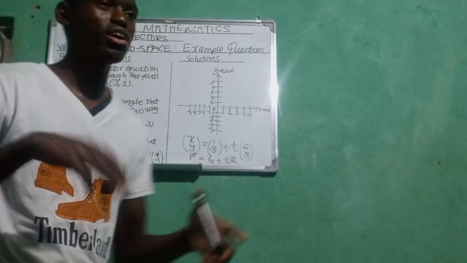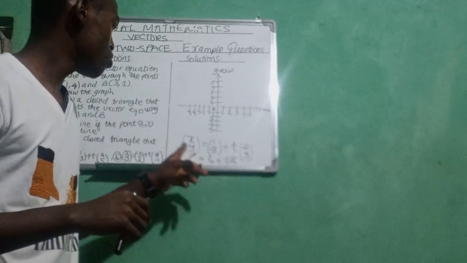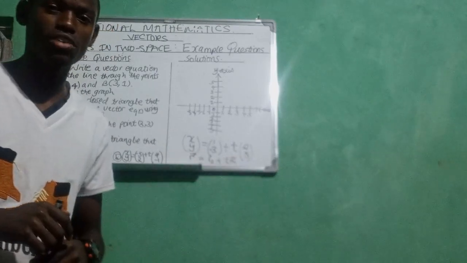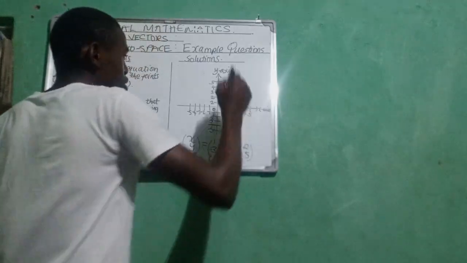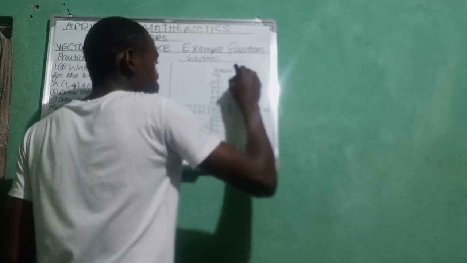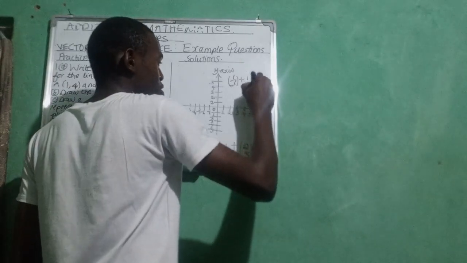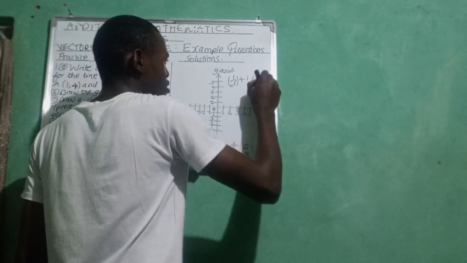Now, for us to draw a closed triangle, first of all we need to draw a line using this particular vector equation. How can we do that? Let's use the column vector form, which is (1, negative 3) plus, for example, let's say t is 1, so 1 multiplied by (2, 5).